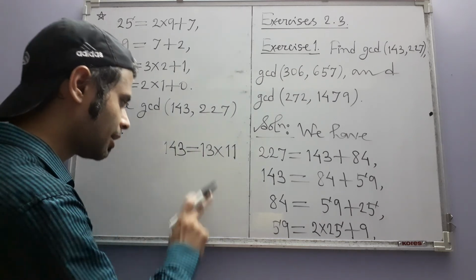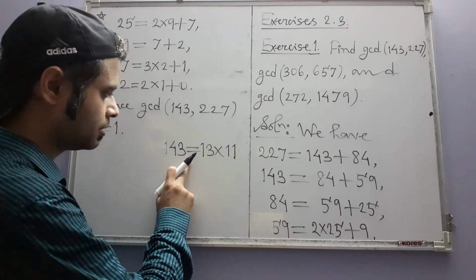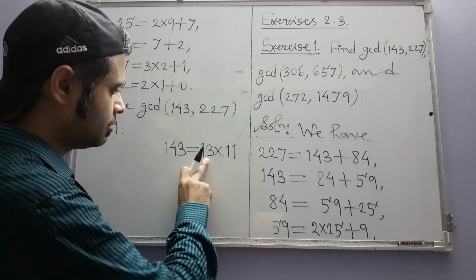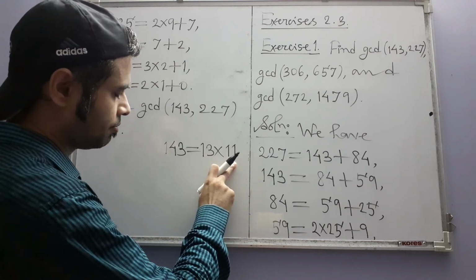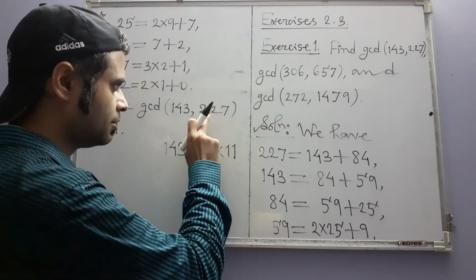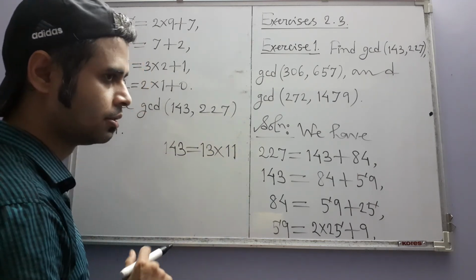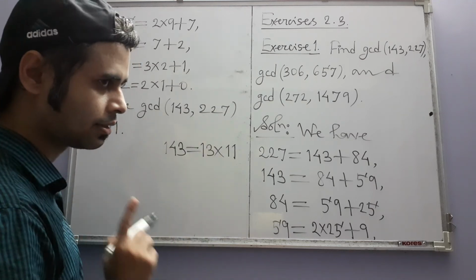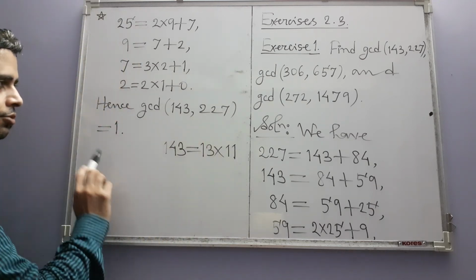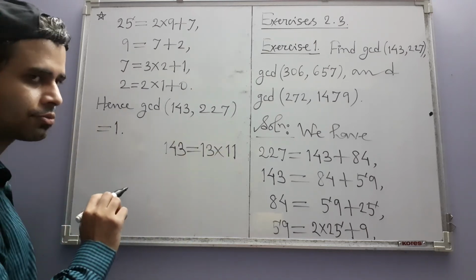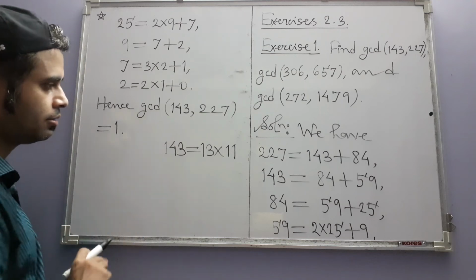Now this is the prime factorization of 143 because 13 and 11 are both primes, and then you verify that none of these two primes divides 227. So there is no common prime factor, and that is why the only positive common divisor can be 1. If you recognize this fact, you can just immediately write 1.